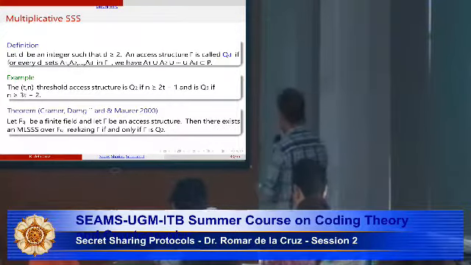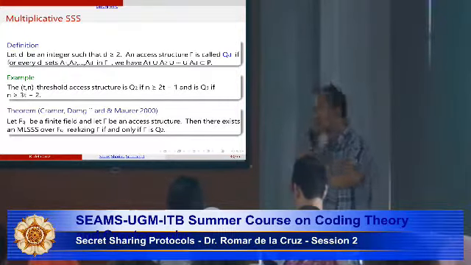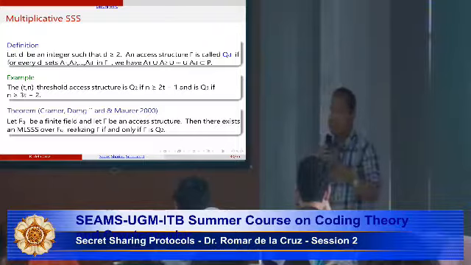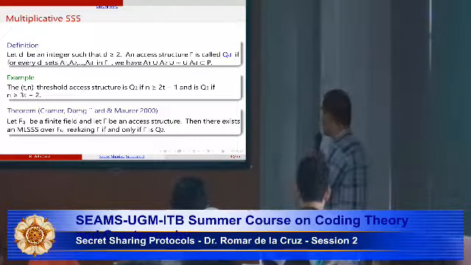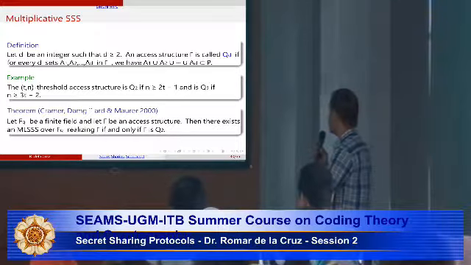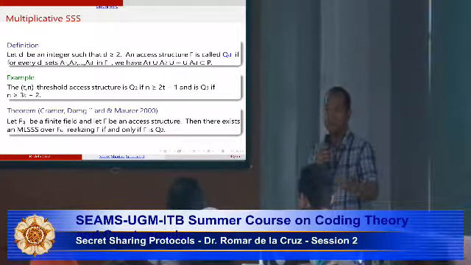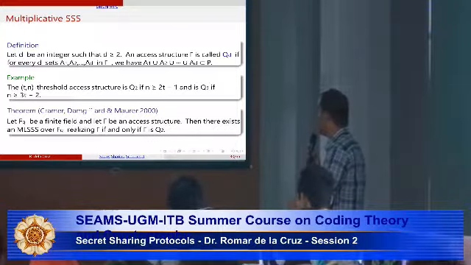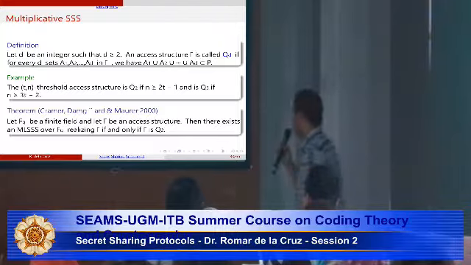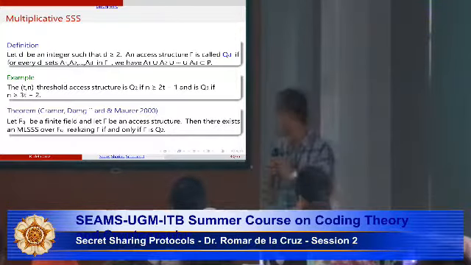If D is equal to 2, if you take any two sets that are not in the access structure, say A1 and A2, the union of A1 and A2 is a proper subset of the set of participants. So that's what we mean by Q2. Then you also have Q3, with 3 subsets. Usually that's what we use for multiplicative schemes, Q2 and Q3.